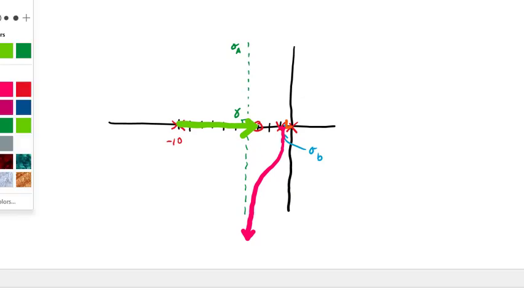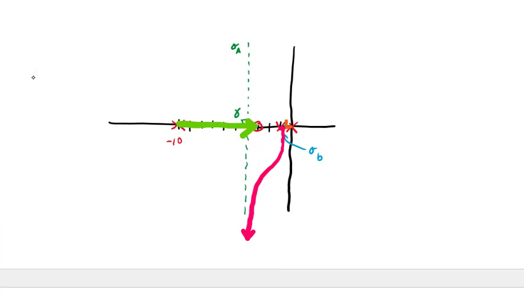And I'll go back to my orange, and that's going to do this. So you can see we've been given clues about the breakaway. We've been told where the branches are. There's a branch between 0 and -1 and between -3 and -10.